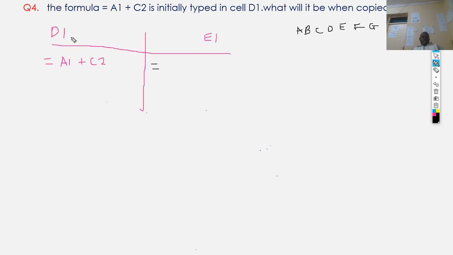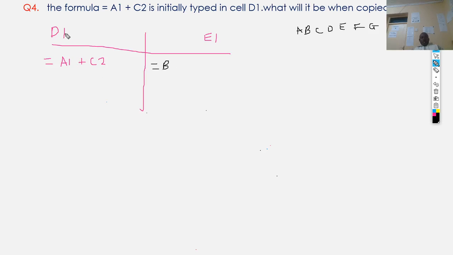So you realize that D moved to A. From D to A, how many steps? 1, 2, 3. So that means at E, you will also move 3 steps backwards, 1, 2, 3, to get to B. So the formula must be equal to B.